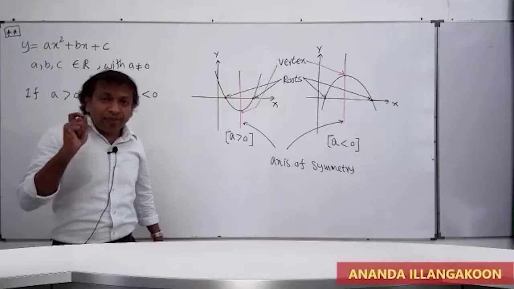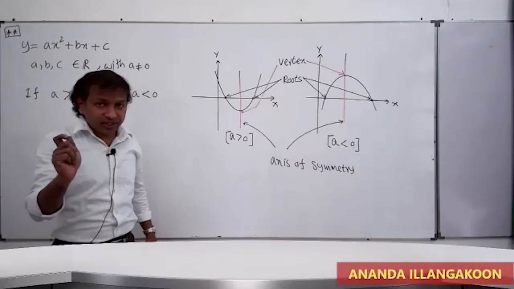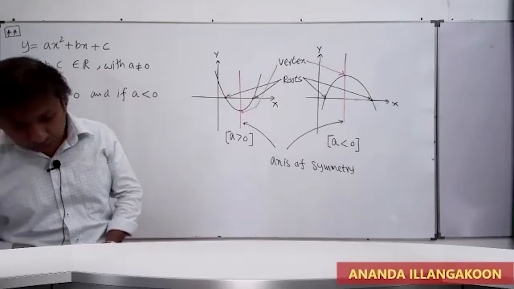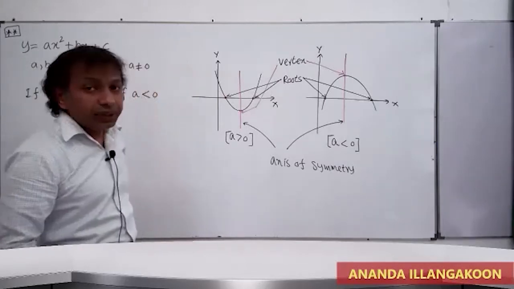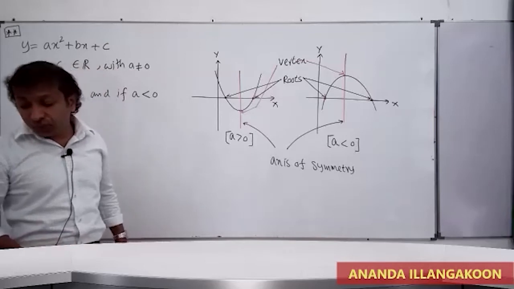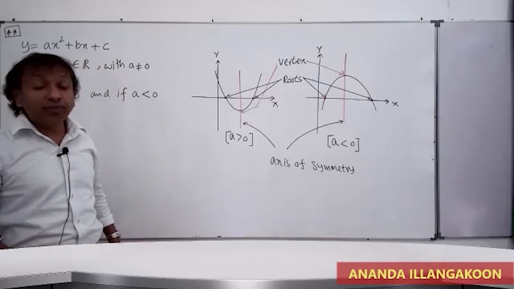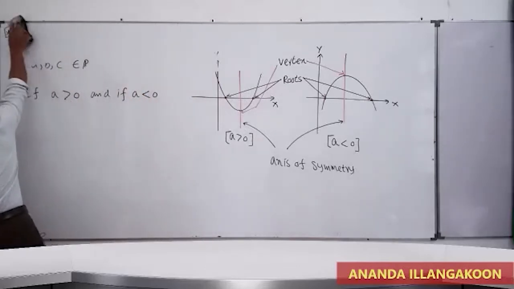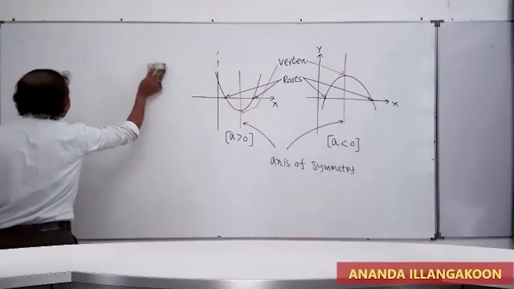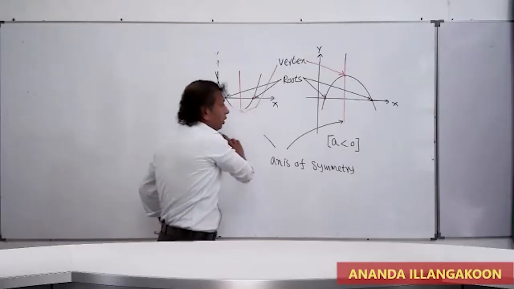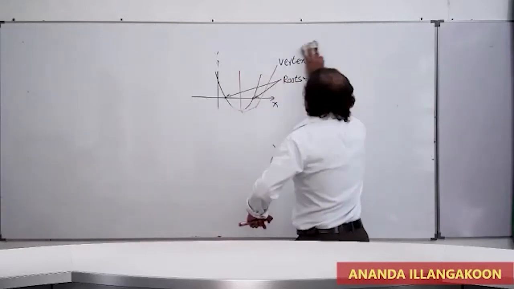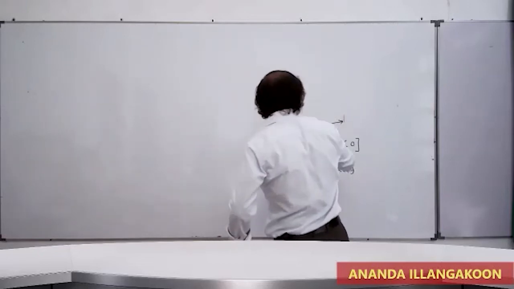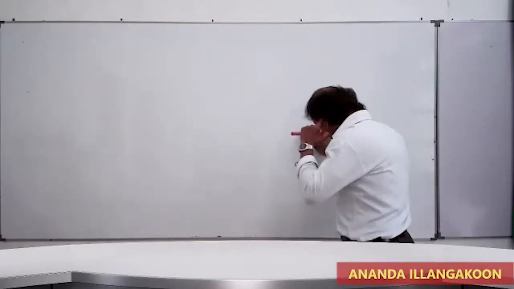Okay, now people will see this. Write like this, another subheading: types of roots of a quadratic graph.